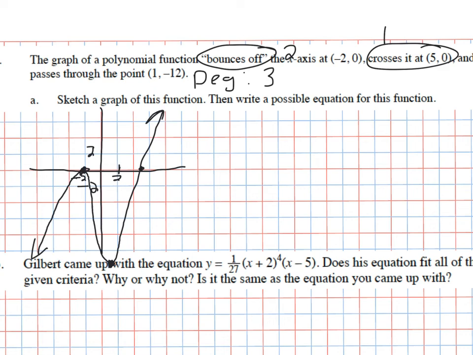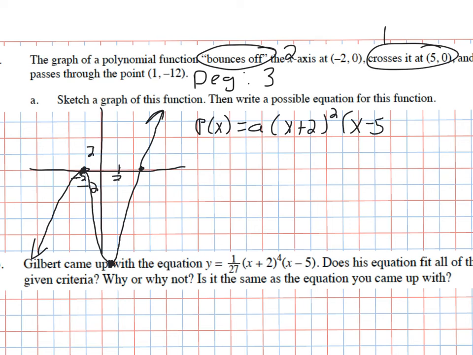So there's my sketch. My polynomial is going to be p of x equaling a times (x plus 2) squared times (x minus 5).